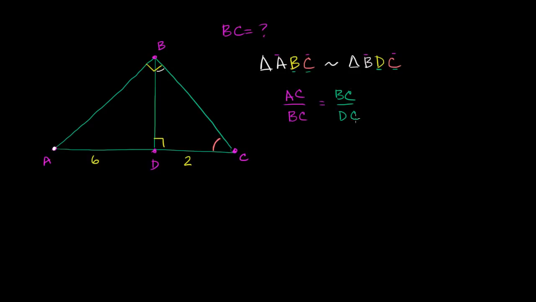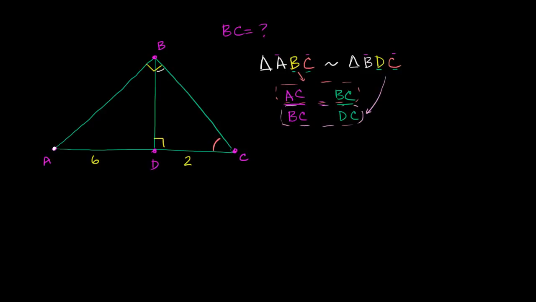And then in the second statement, BC on our larger triangle corresponds to DC on our smaller triangle. So in both of these cases, we have corresponding sides. And this is a cool problem because BC plays 2 different roles in both triangles. But now we have enough information to solve for BC.